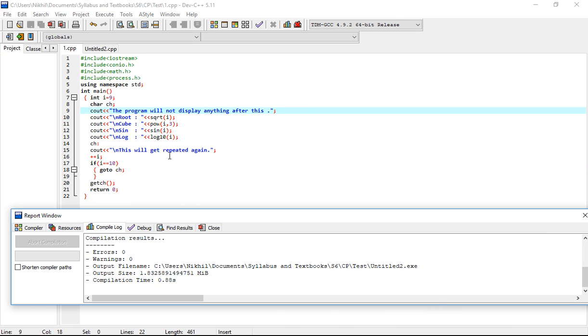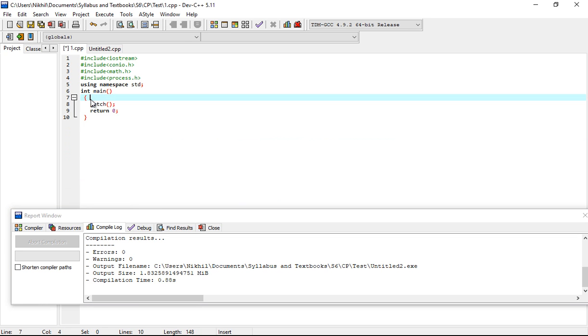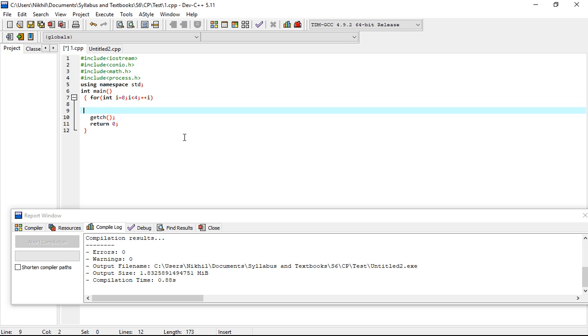Right, now the next jump statement is continue, and to illustrate this we require a simple loop. I'm deleting that code over there, and I will make a simple loop: for int i equals 0. I really hope every one of you remembers the syntax for a simple for loop, plus plus i, right?